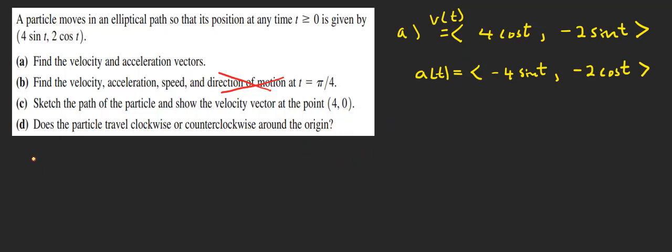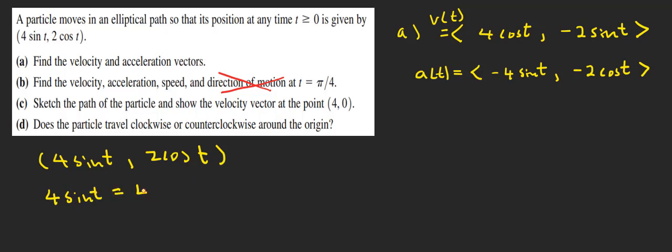Position is 4 sine t, comma, 2 cosine t. In order to find the value of t, look at the x component. The x component is 4, so we're going to say 4 sine t equals 4, and 2 cosine t is equal to 0.